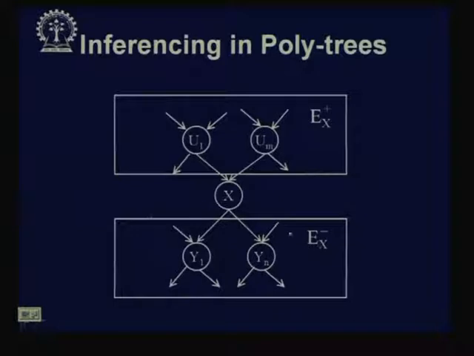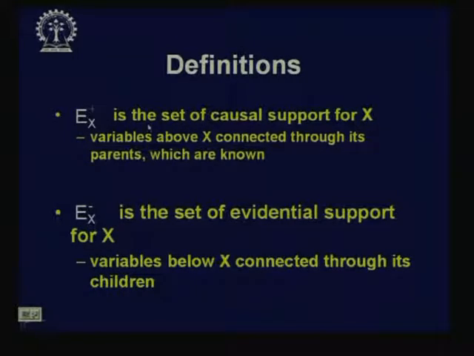So, we separate out these two. I call one E x plus, another one E x minus, these two sets. These are the effect set and this is the cause set. E x plus is a set of causal support for x, that is the variables which are connected through its parents, whose status and probabilities are known, and E x minus is a set of evidential support for x, that is variables below x connected through its children.